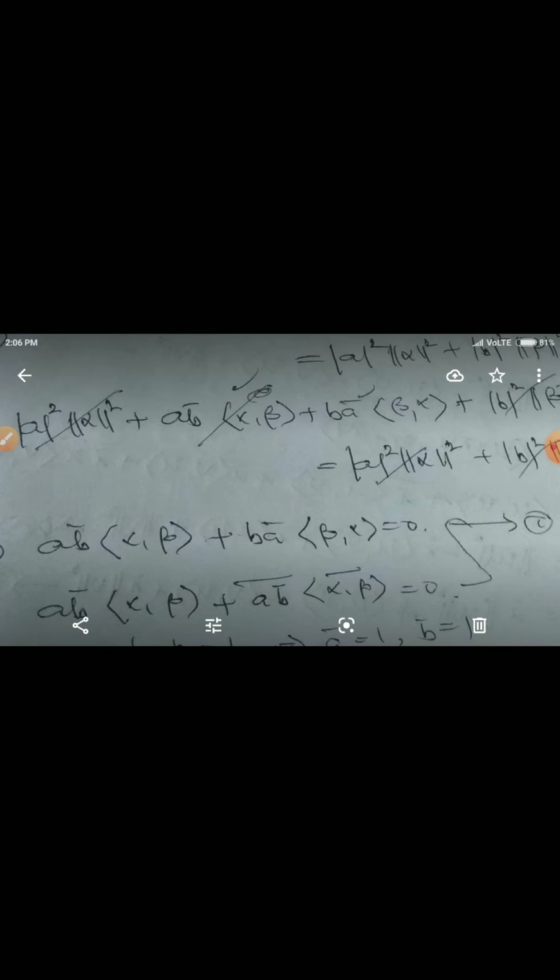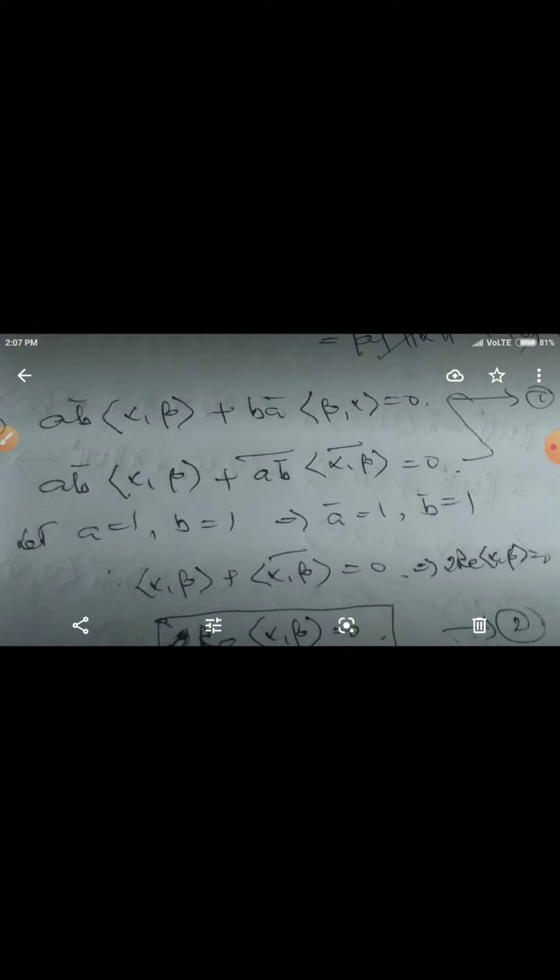Now of the 4 terms, 2 terms get cancelled on both sides. So we get 2 terms only on the left hand side: A B bar times inner product alpha beta plus B A bar times inner product beta alpha equal to 0. Now that can be written as A B bar times inner product alpha beta plus the conjugate of A B bar times the inner product alpha beta whole conjugate equal to 0.